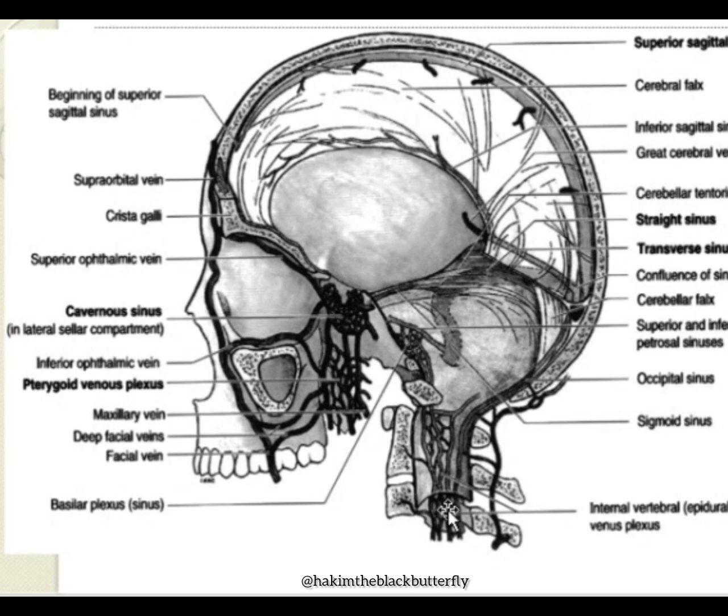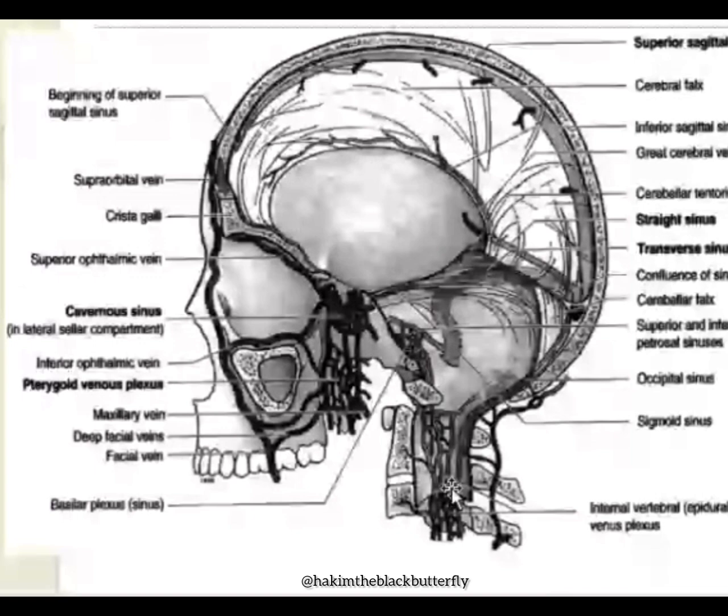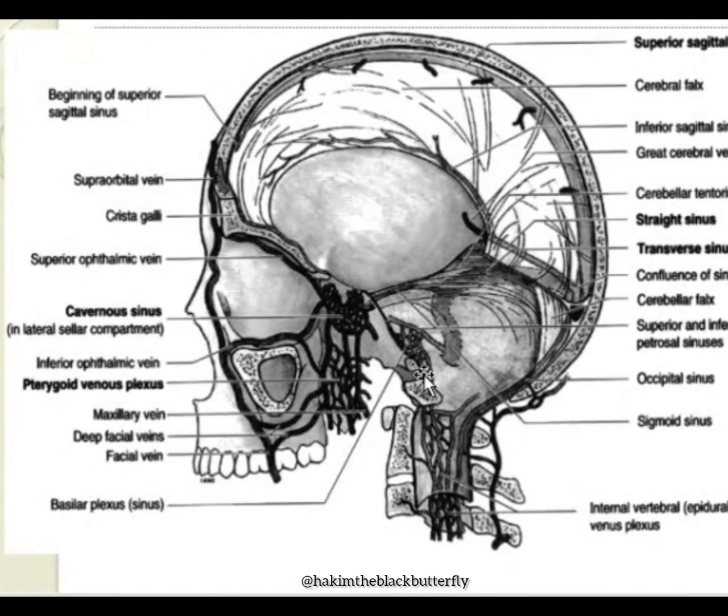These sinuses, I've talked about them. Here you're seeing the internal vertebral plexus communicating with the occipital sinus. And I told you infections can move from the pelvis through this internal vertebral plexus to the brain because it communicates with the occipital sinus. Anteriorly, it also communicates with the inferior petrosal sinus. Let's look at this internal vertebral plexus, which moves on the inner aspect of the vertebral canal.